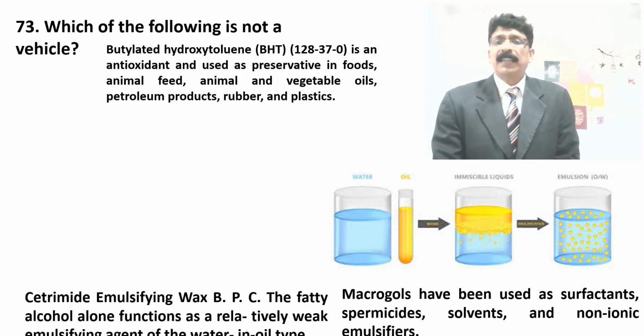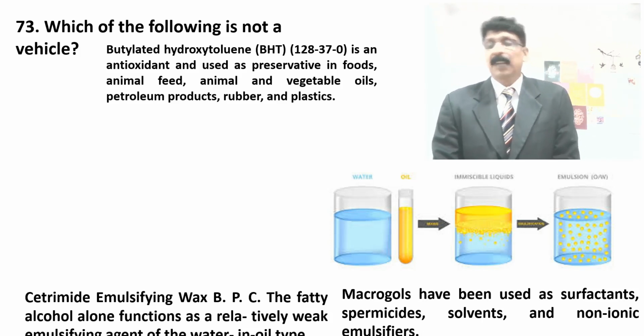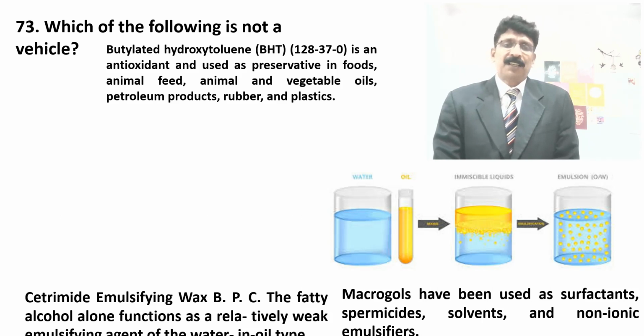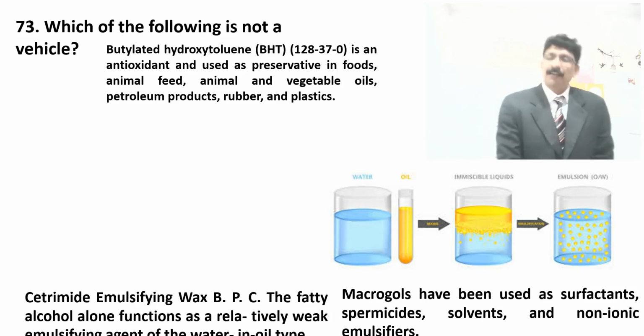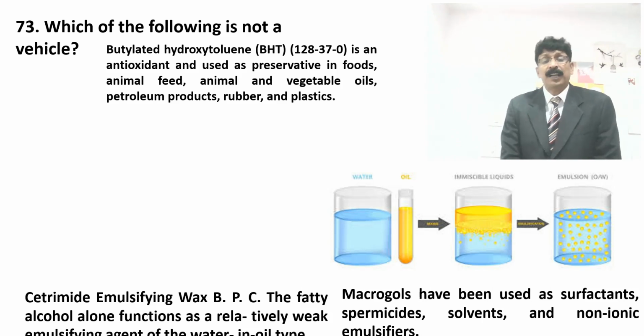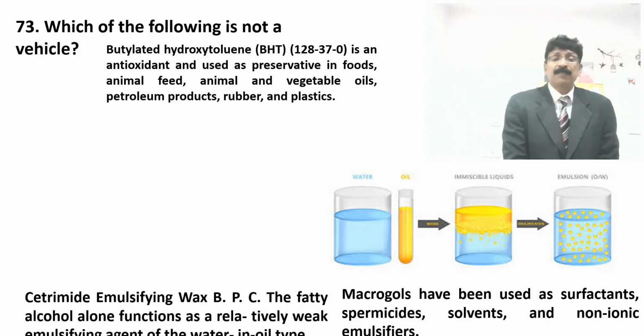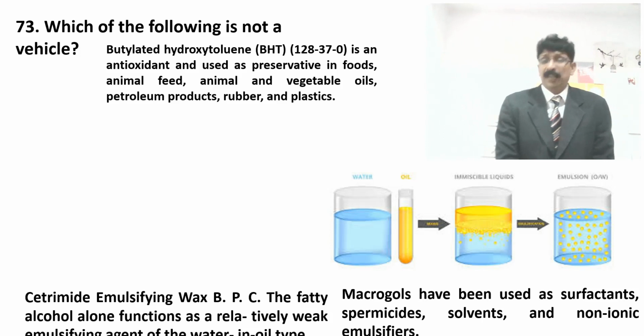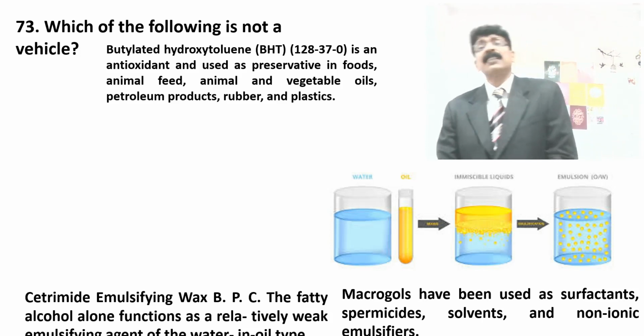Water and oil are a mixture of immiscible liquids; this is how they form an emulsion, an oil in water emulsion. Cetostearyl alcohol, emulsifying wax and fatty alcohols function as relatively weak emulsifying agents, water in oil type. They will also ask what macrogol is.